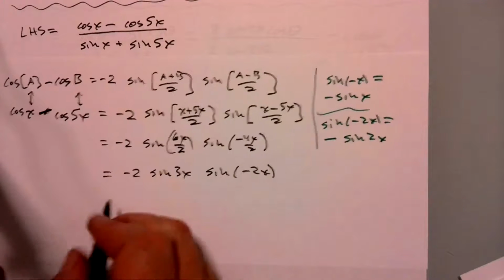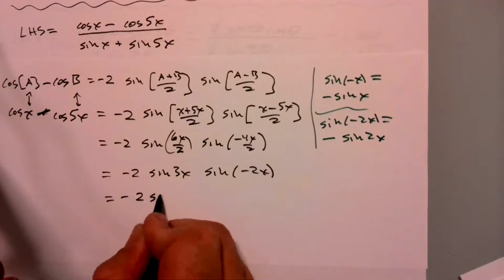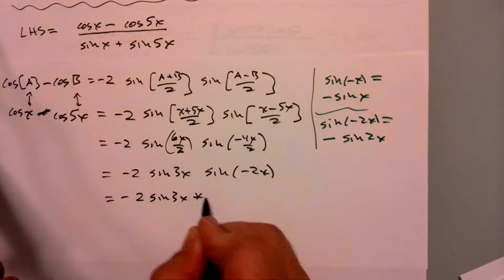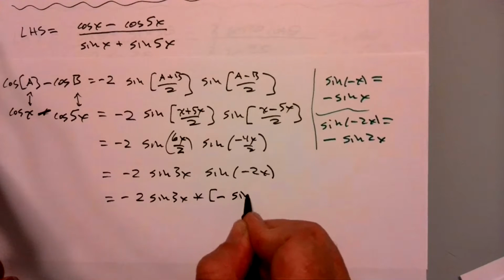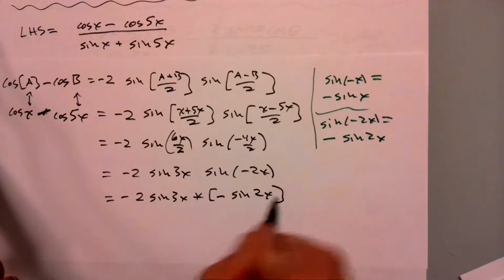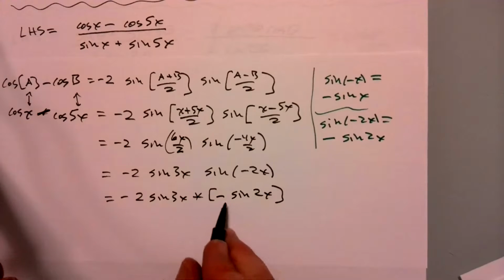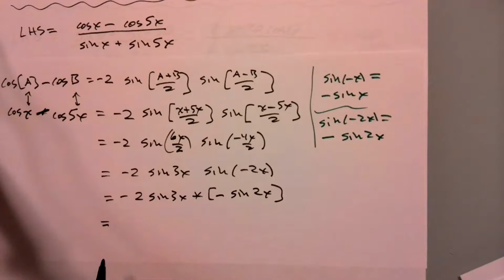So what I get here is negative 2 sine 3x times negative sine 2x. Well, negative 2 times negative is positive 2.